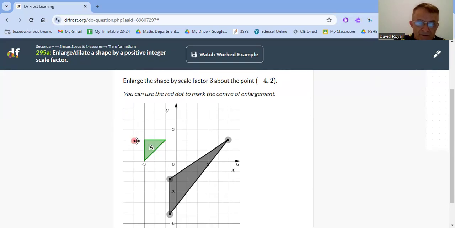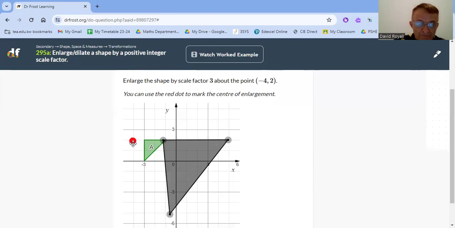Well, that's only 1. Oops, I don't move that one. I move this one. So that goes 1, a scale factor of 1, 2, 3. The point here is that I go 1 across, but nothing down. So 1 times 3 is 3.